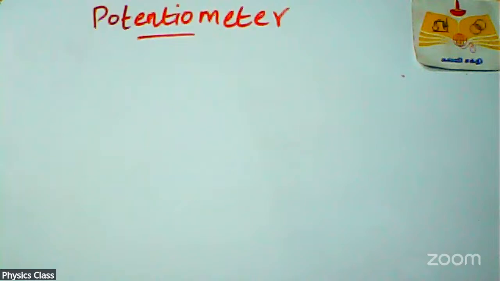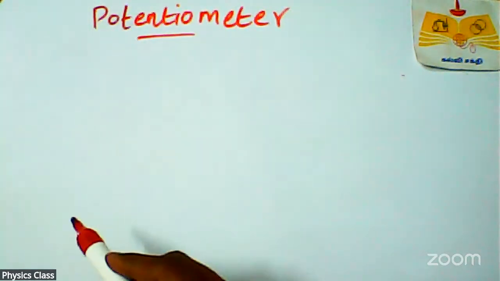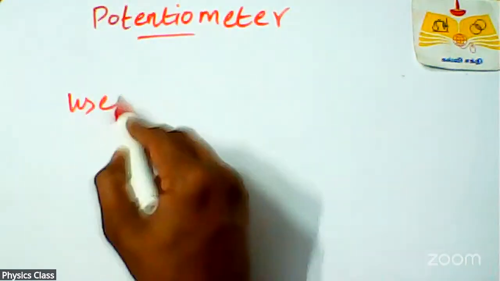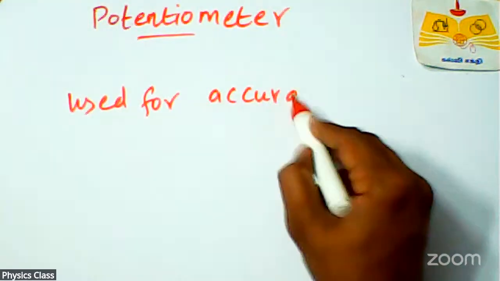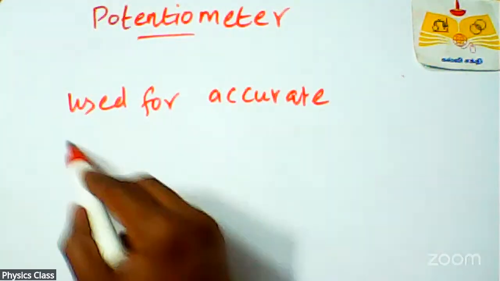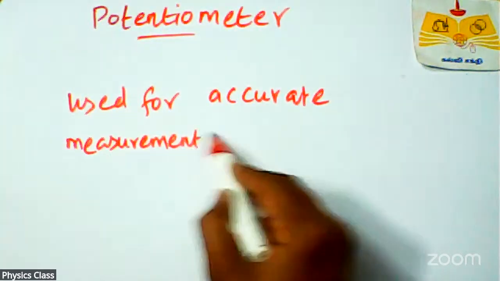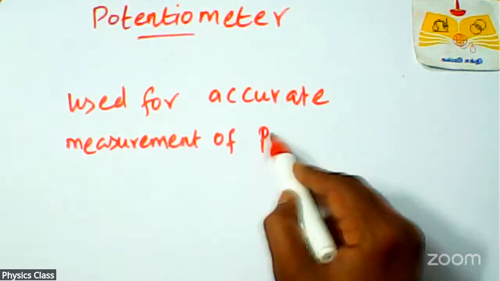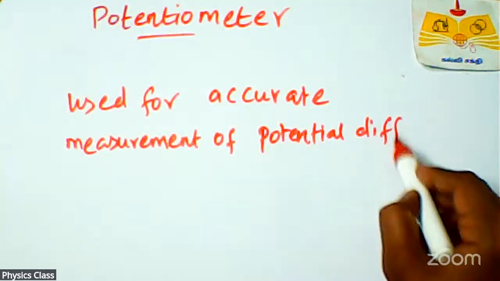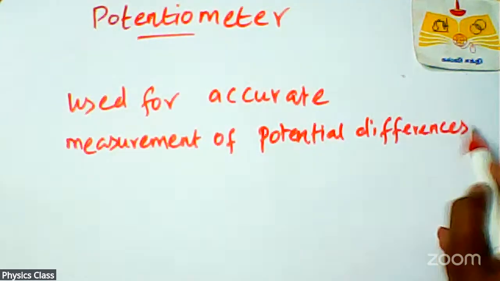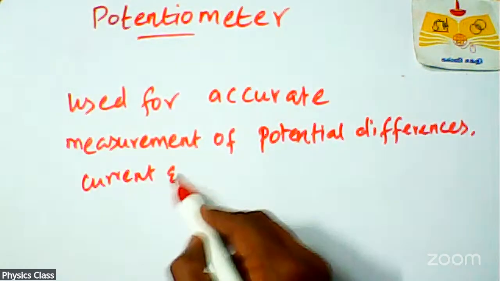Potentiometer is a device which is used for accurate measurement of potential differences, current and resistance.